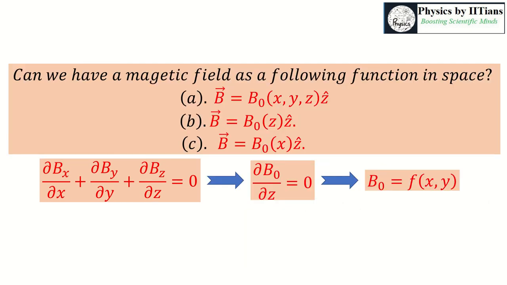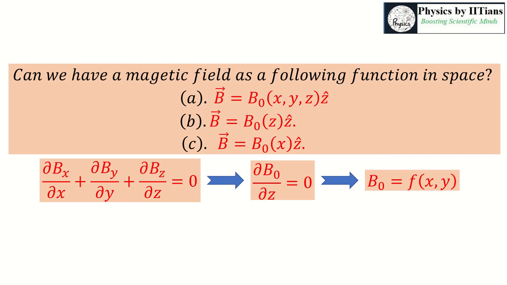So this is the function that is given to us, and we can see that all these vectors are actually directed along the z direction only. That means the first and the second terms will be 0, and we can easily say that the divergence of B will reduce to del B naught over del z, which equals 0.